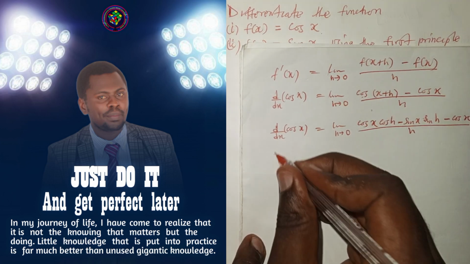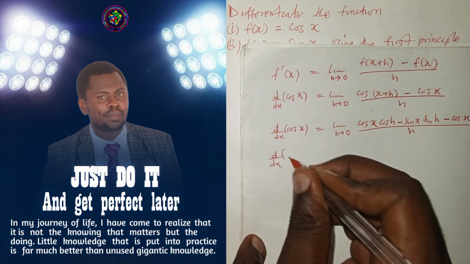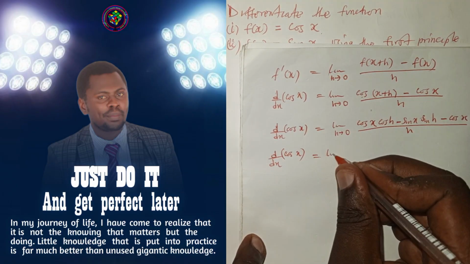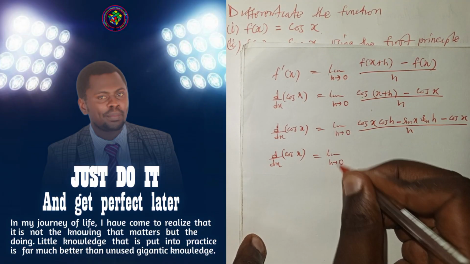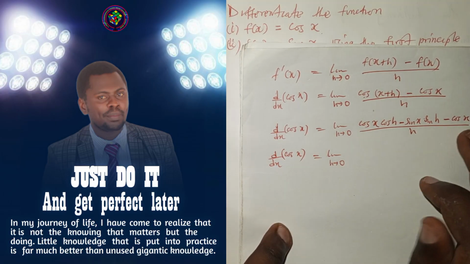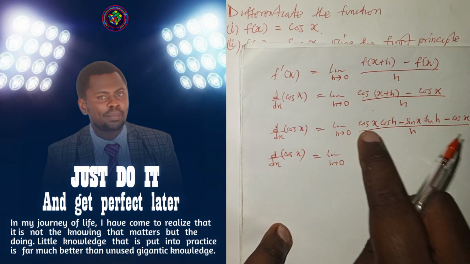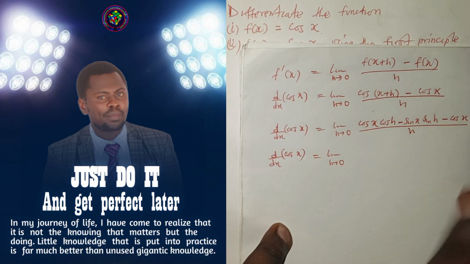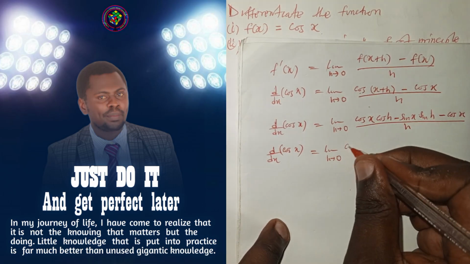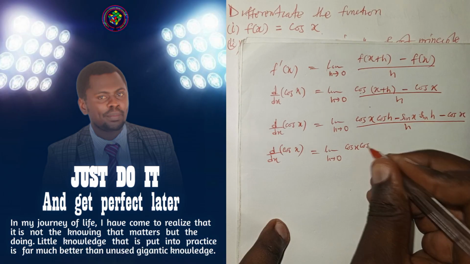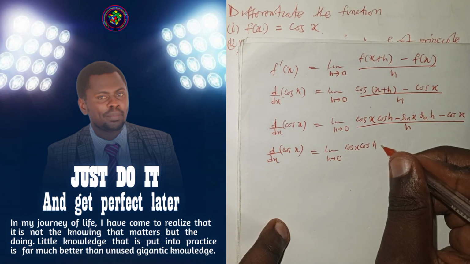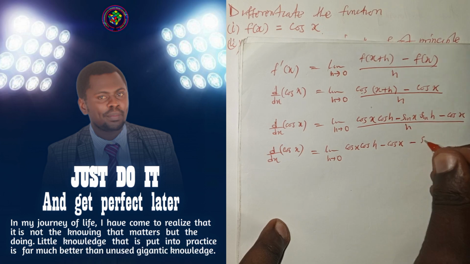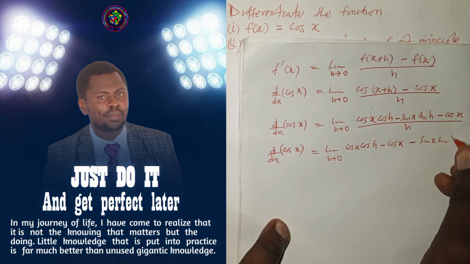We can rearrange the terms here. Cos x cos h will go with minus cos x. So we have cos x cos h minus cos x, then minus sin x sin h, over h.